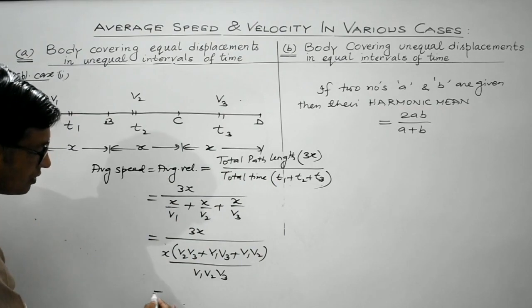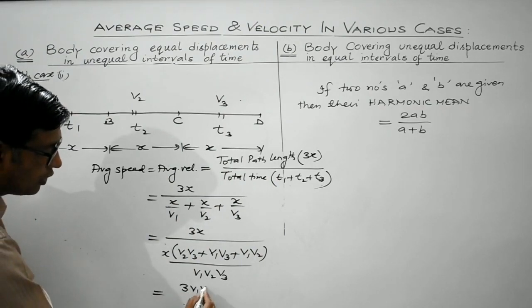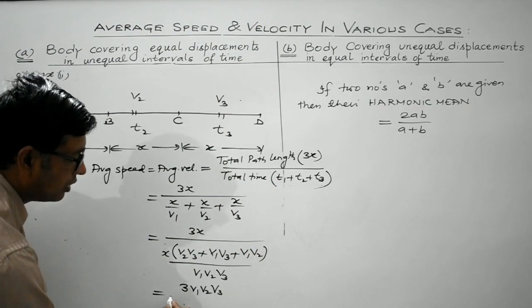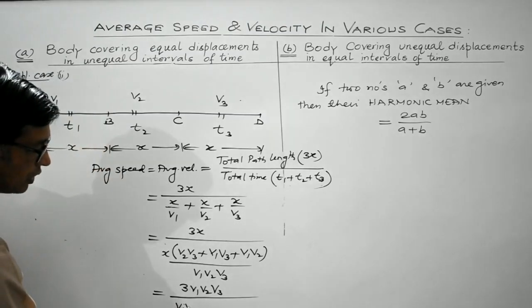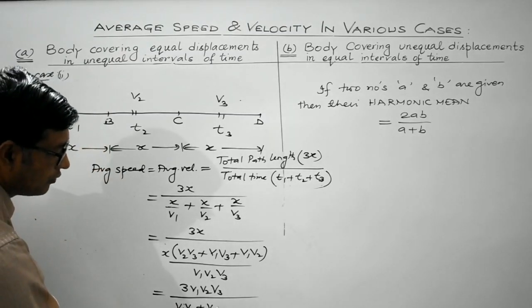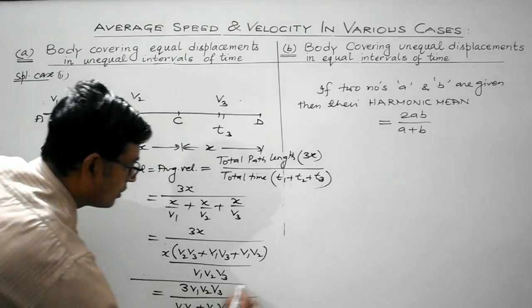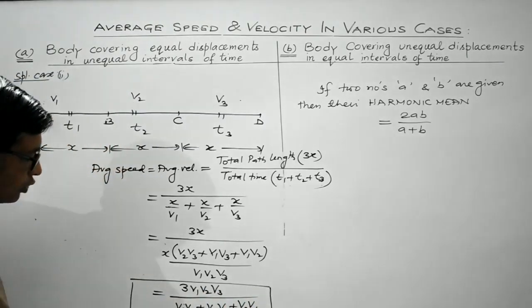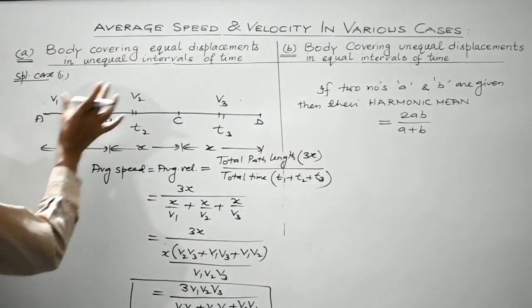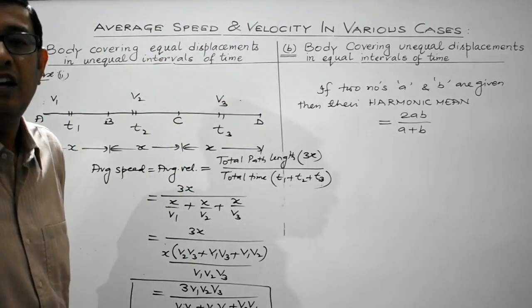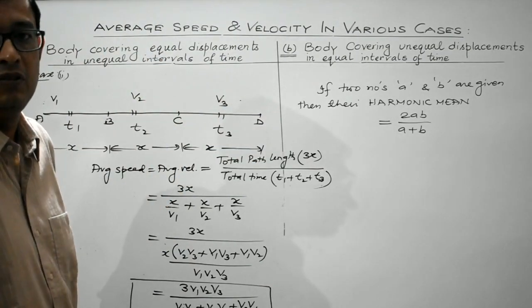So what we get is 3 v1 v2 v3 divided by v1 v2 plus v2 v3 plus v3 v1. This is the formula to be used when a body covers 3 equal parts in unequal intervals of time.